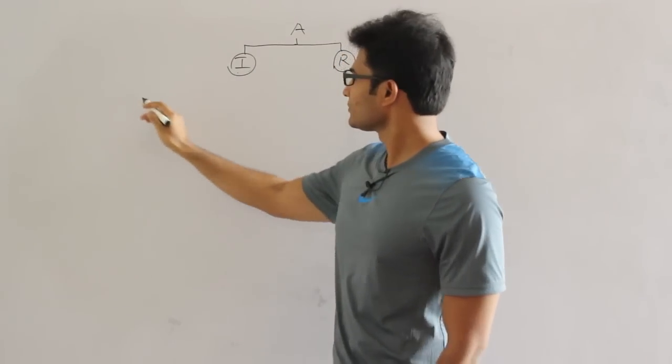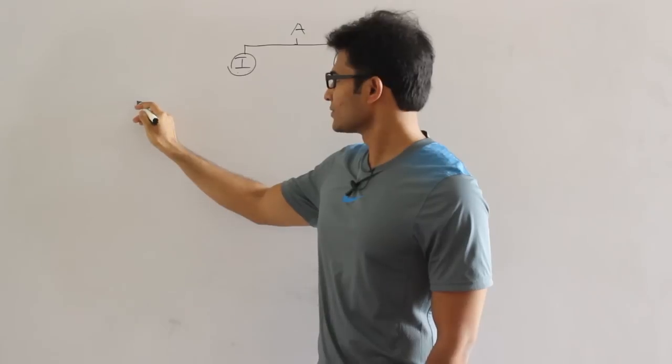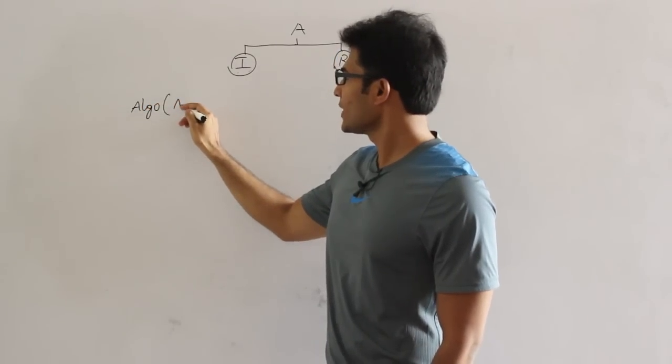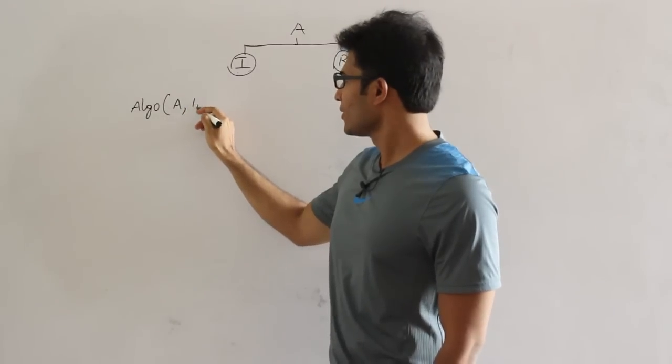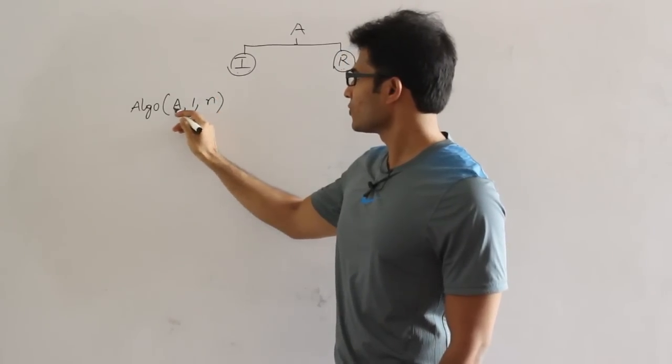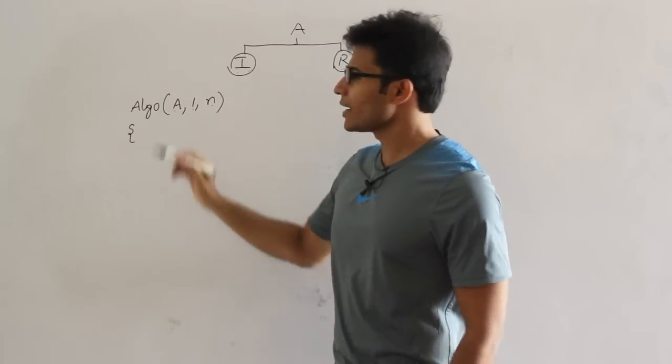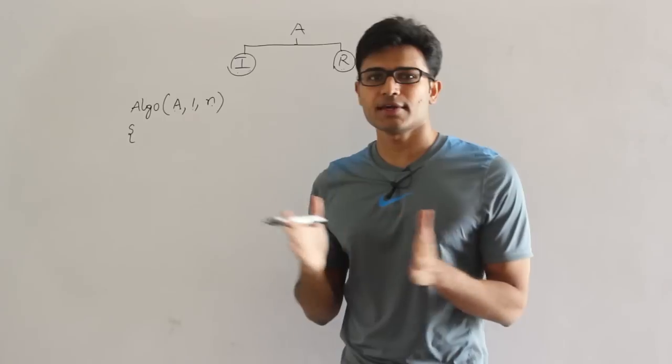Let us say the program is like this. Some program has as input an array A whose size is n. The array goes from 1 to n, which means A is given as the input and the input size is n elements.